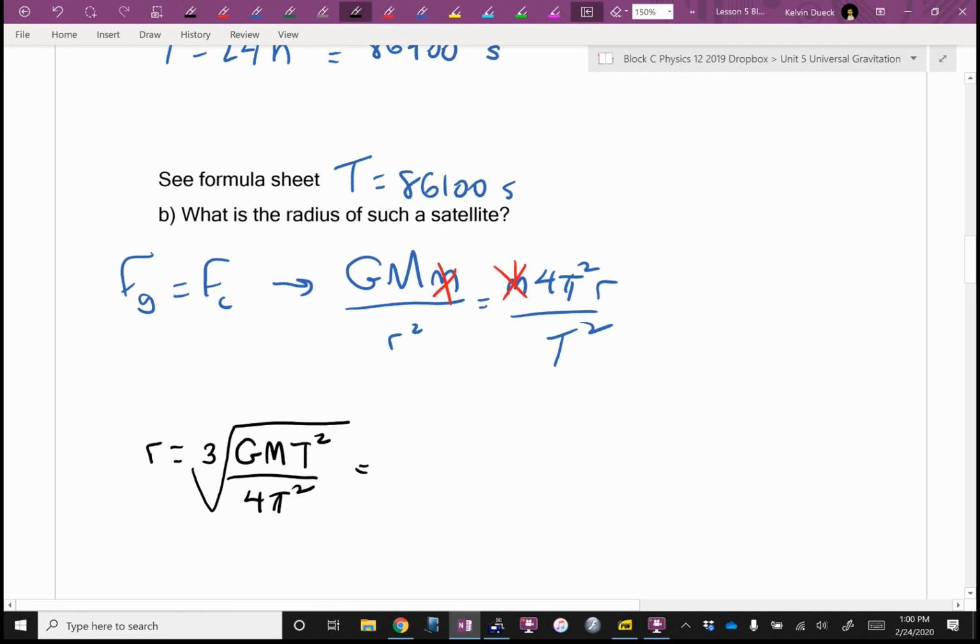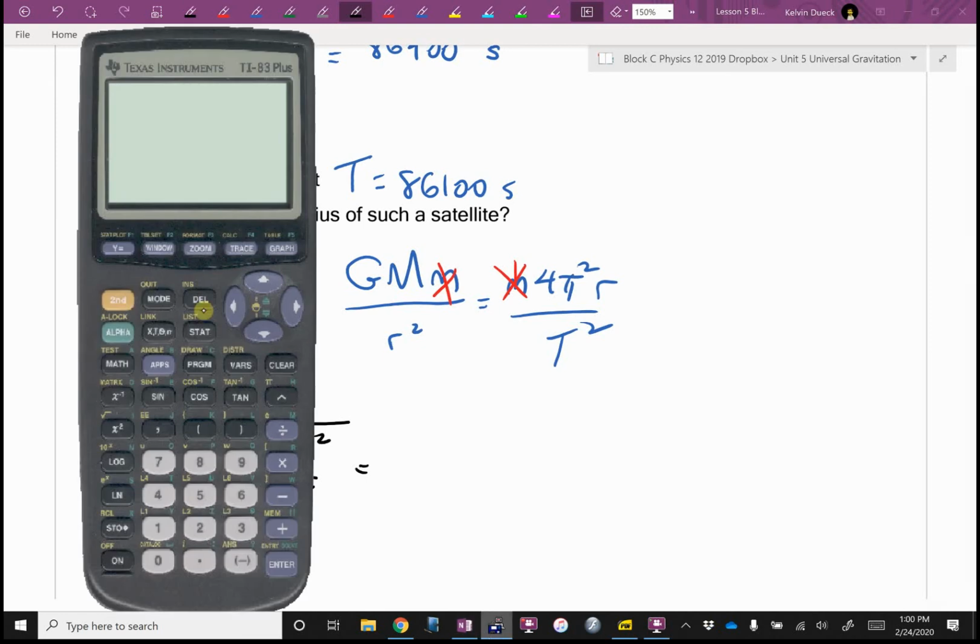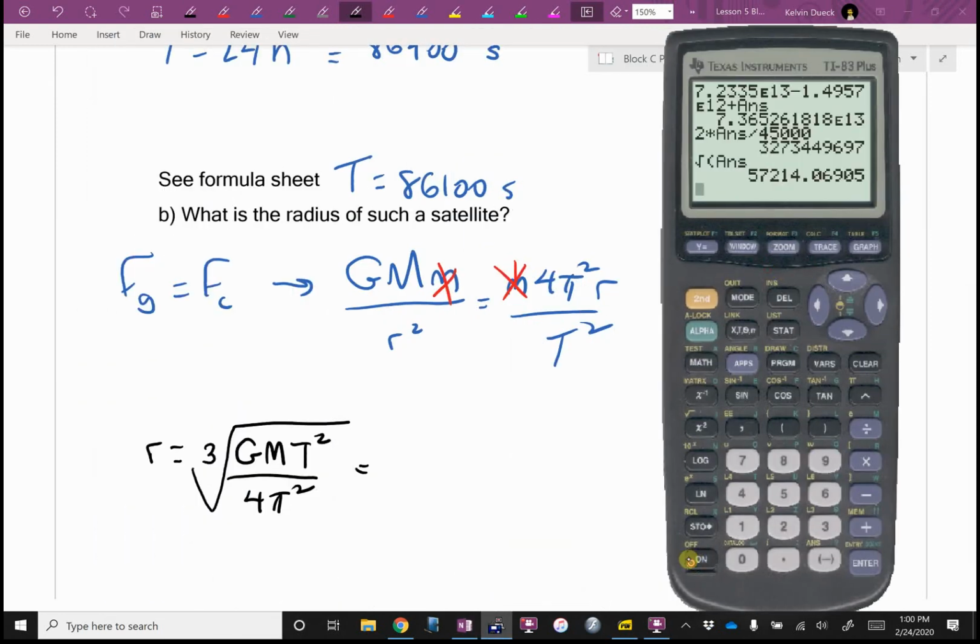Let's see if we can go straight to our calculator just to cut corners. On a test, I would definitely show what numbers I was entering. 6.67 times 10 to the negative 11 times 5. You know what? Let's try this in one step, Mr. Dewick.